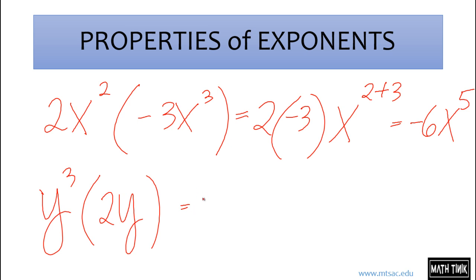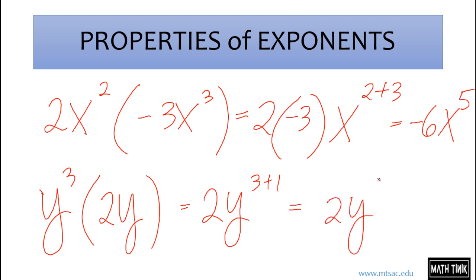So what you have to do is just copy 2 because that's 2 times 1, and it will give us still 2. Then copy the base and then 3 plus 1, because hindi yan binigay sa given pero understood na meron siyang 1. So that will give us 2y raised to the 4th power.